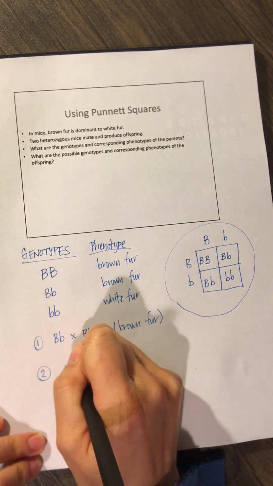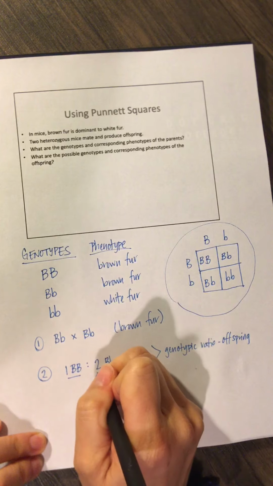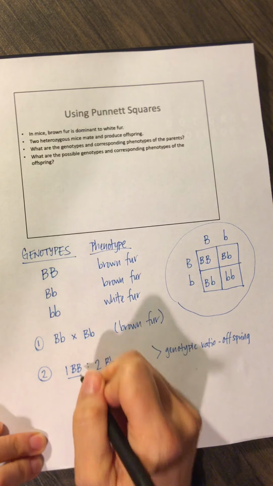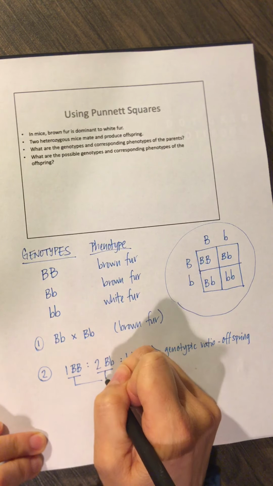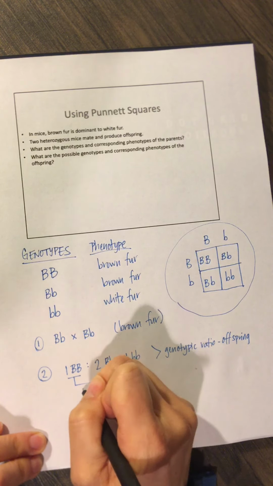And the corresponding phenotypes, well, the homozygote dominant and the heterozygote individuals all have brown fur because they all carry at least 1 copy of the dominant allele. And remember, brown fur is dominant. We've got 1 combination that will result in white fur.